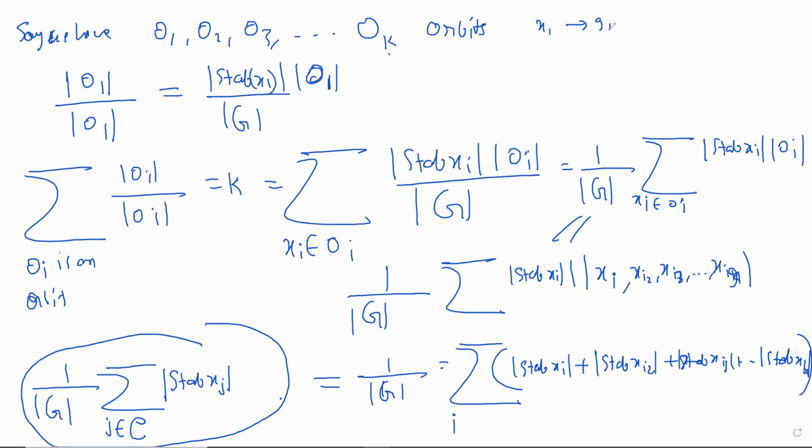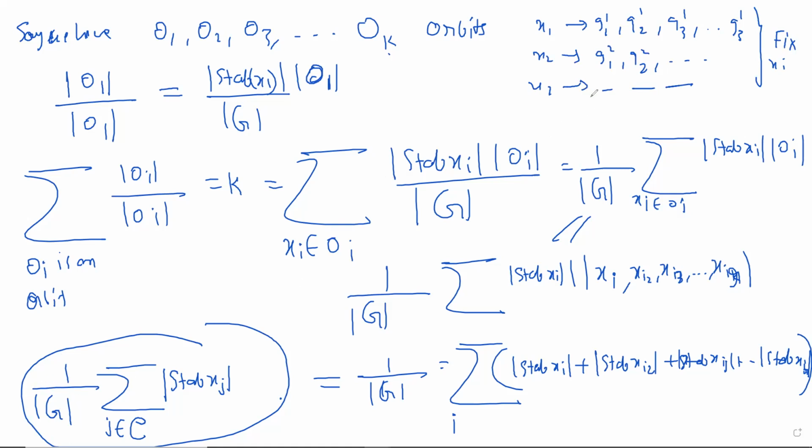I'll say it in a better way, maybe. Putting a 1 on the top to denote that it's for x1, these fix x1. Then I'm looking at x2 and at those things which fix x2. Then I'm looking at x3, those things that fix x3, and I'm collecting all their sizes and adding them up, and taking the average, kind of dividing by the size of the group.